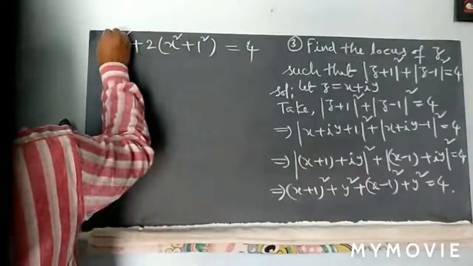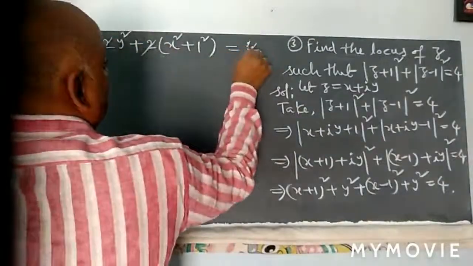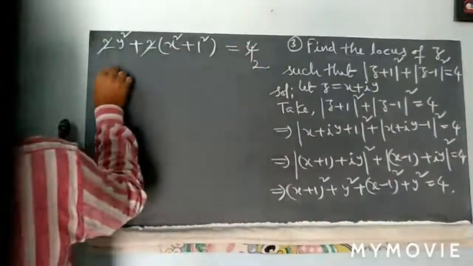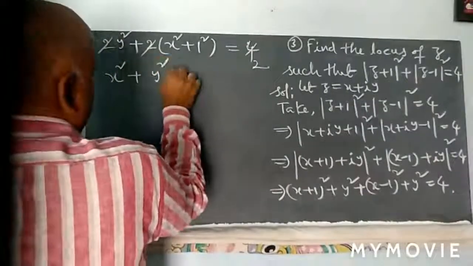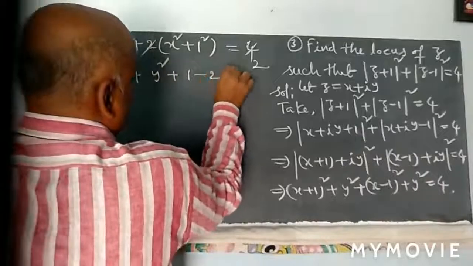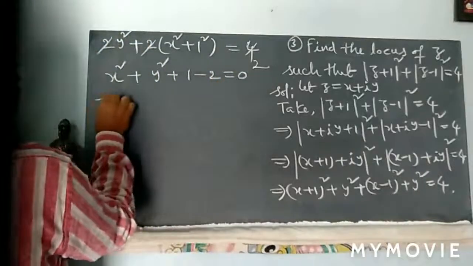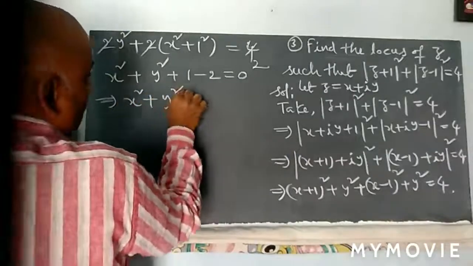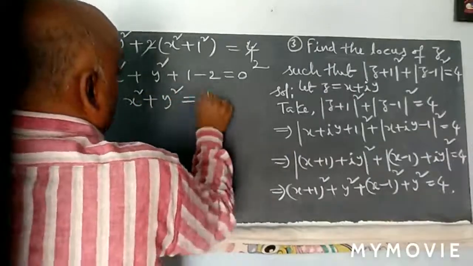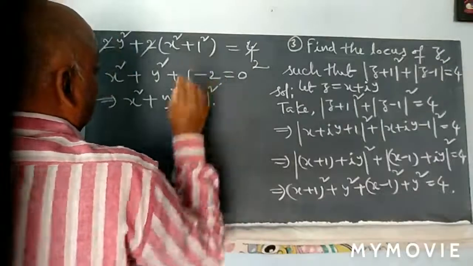So here 2, this is 2. So x² + y² + 1 − 2 = 0. So this implies x² + y² = 1, which is nothing but 1 square.